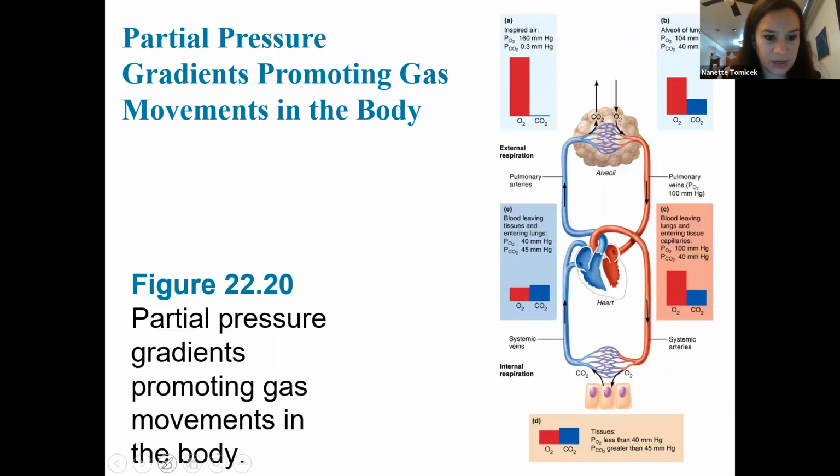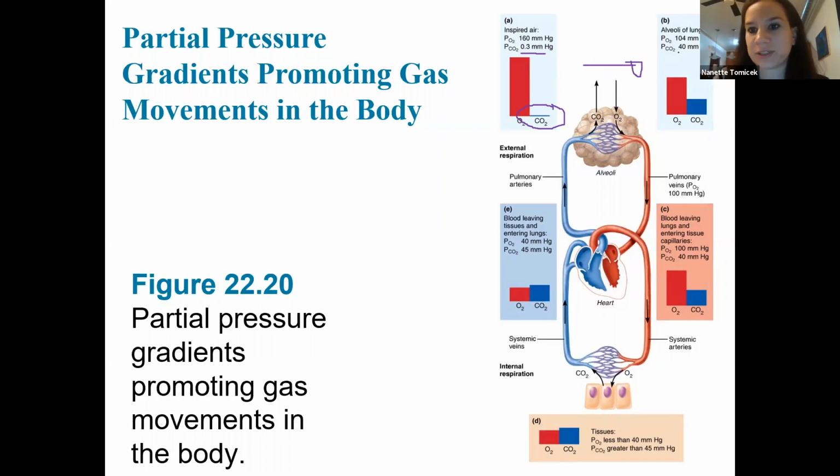Okay, let's go ahead and start again. And this time we're going to focus on the CO2. So atmospheric CO2 is actually very low. It's 0.3 millimeters of mercury, so very, very low. As, again, we are inside the alveoli, right? We're mixing with all of that kind of used up air that's in the body.